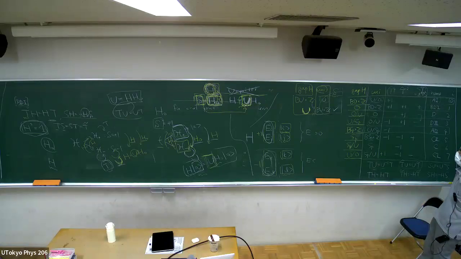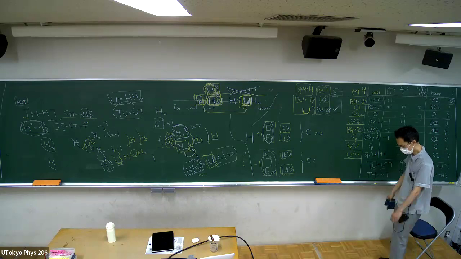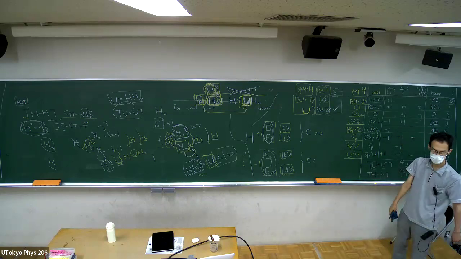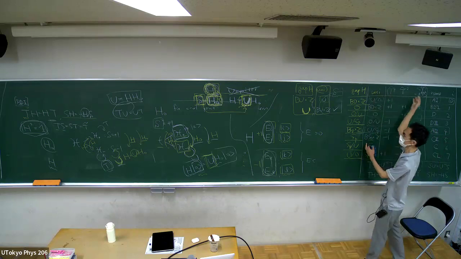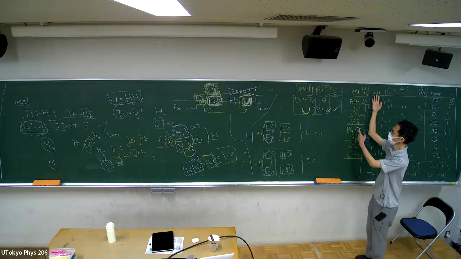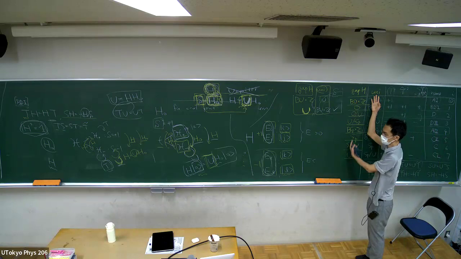Let me tell you a story. Before I started preparing this lecture series, I didn't know about this. I mean, I knew symmetry classes. I knew how to classify gapped Hamiltonians. I always knew that this is part of Cartan's classification, right?